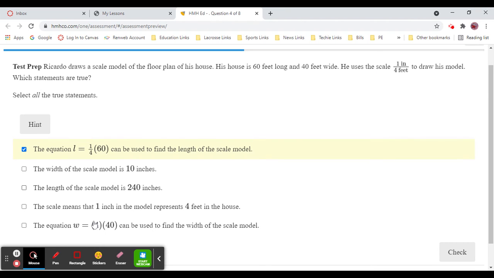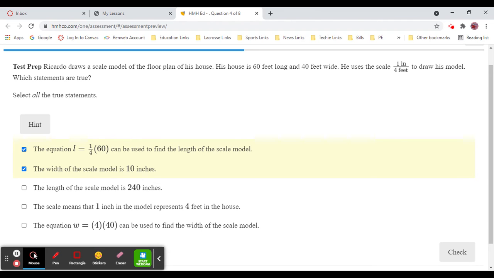Yeah. Let's see. The width of the scale model is 10 inches. Well, yeah, because 40 divided by 4 is 10. That has to be true. The length is 240. Nope, that can't be true.